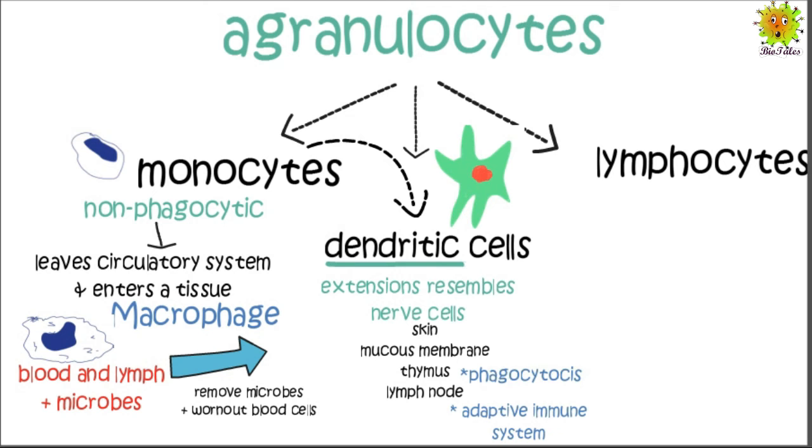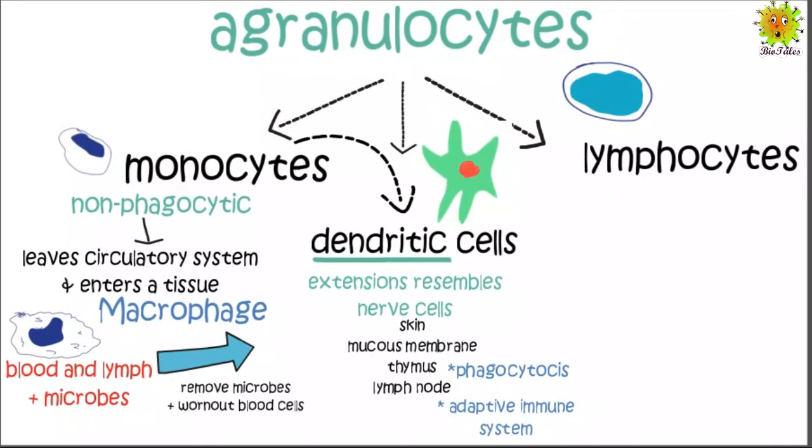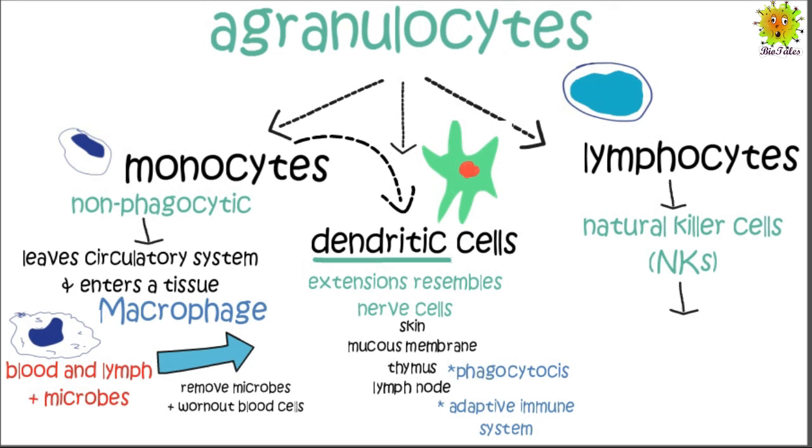The third type of agranulocytes are lymphocytes, which include natural killer cells, abbreviated as NK cells. These cells are normally found in blood, spleen, lymph nodes, and red bone marrow. Natural killer cells have a unique property. Whenever these cells find a body cell that displays abnormal or unusual plasma membrane protein, they attack these abnormal cells.